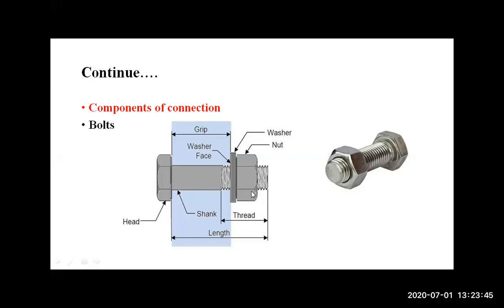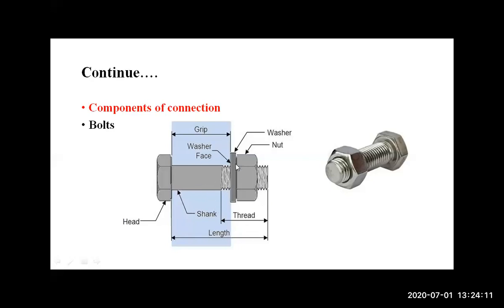So the threaded part we have provided for fixing the nut. So one half of the bolt is called the shank, and the other half of the bolt is called the thread. Why do we call it a thread? We have provided the threads for fixing the nut to these bolts.